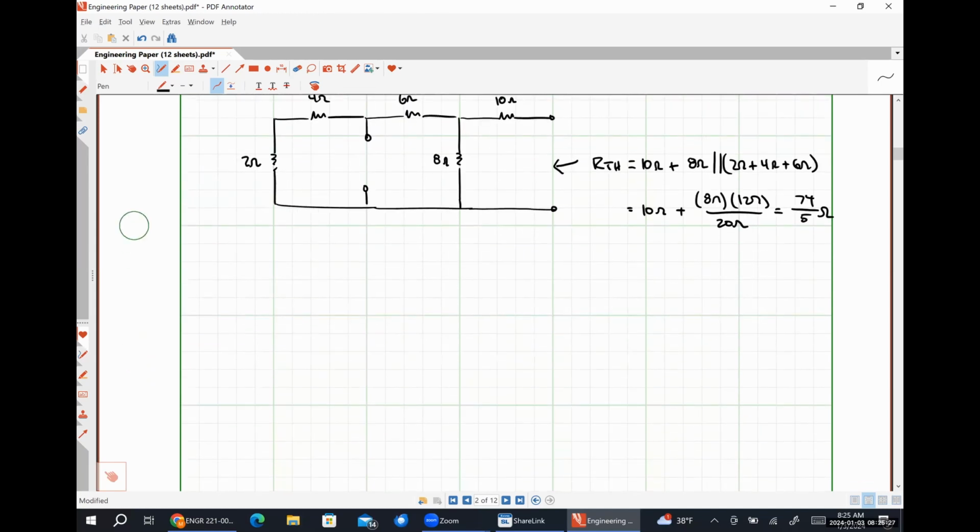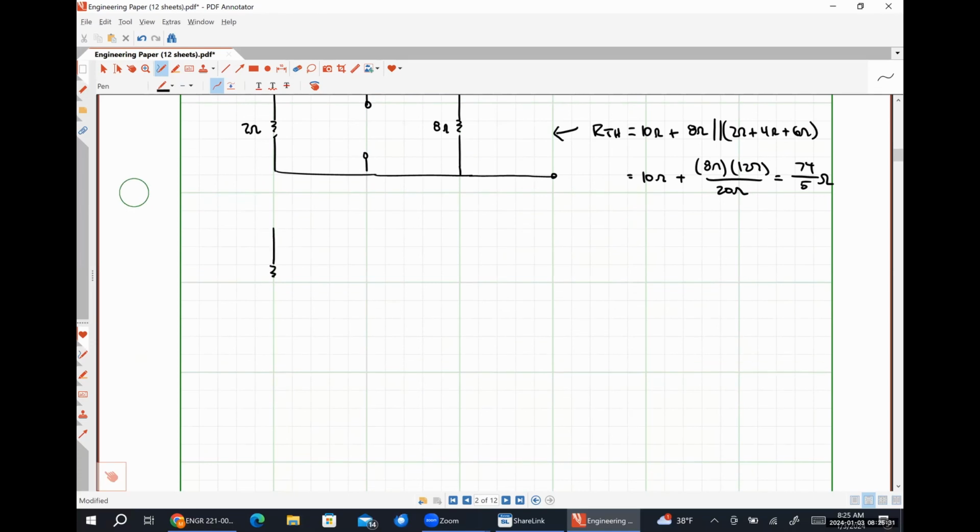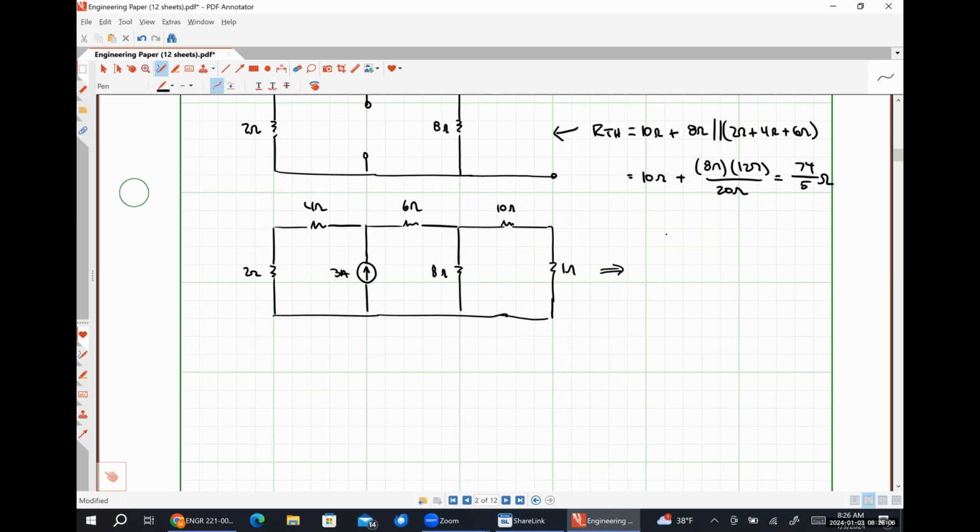So putting this together, we can say that this circuit, where we have 2 ohms in series with 4, 3 amps, 6, 8, 10, 1 ohm here, is electrically equivalent to this thing.